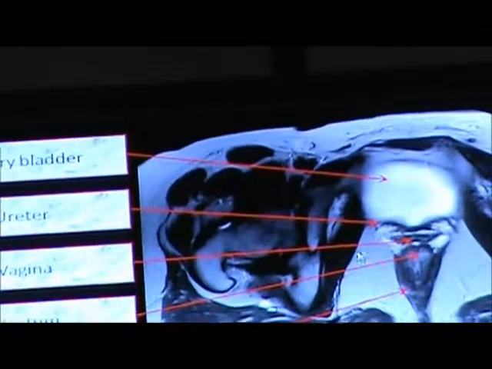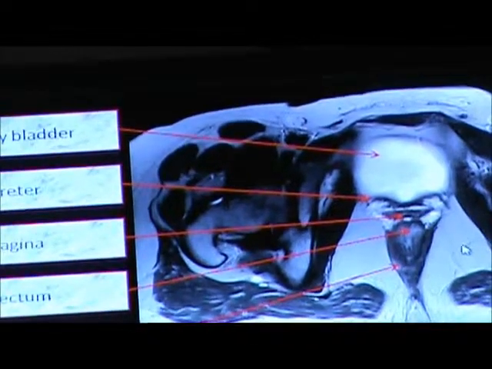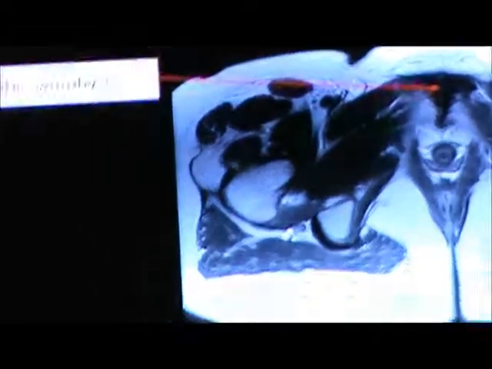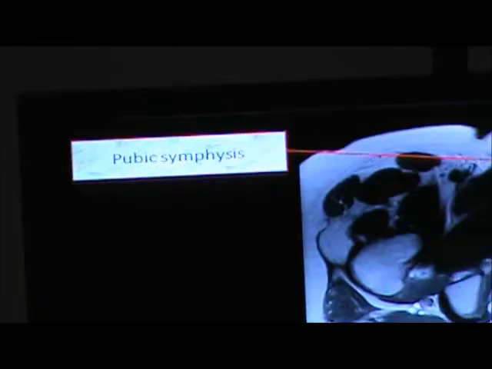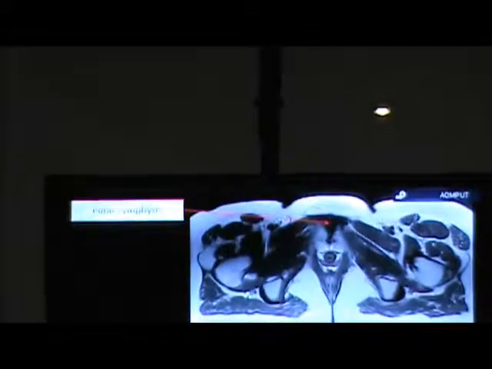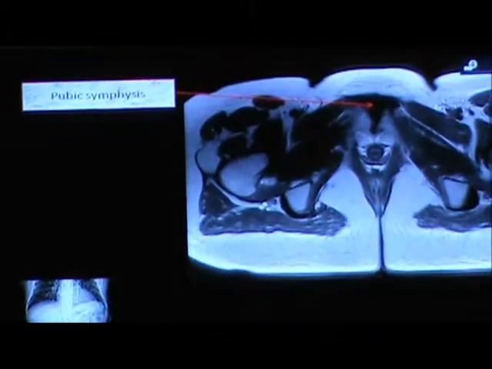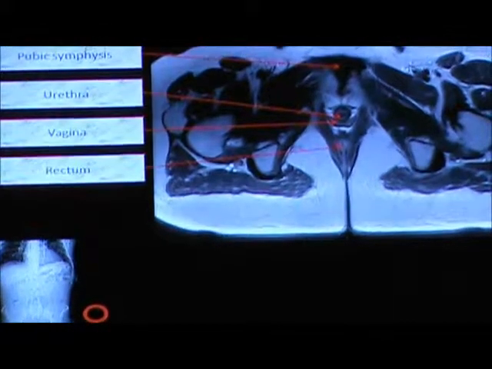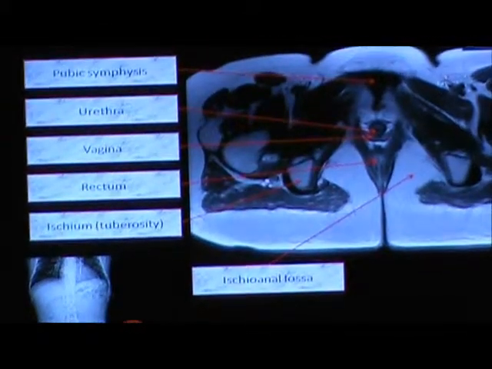We have also a fat-filled fossa, which is slightly better visible here. Which fossa is this one? Between the levator ani muscle, the internal obturator one, and of course the anal canal. Ischio-anal fossa.